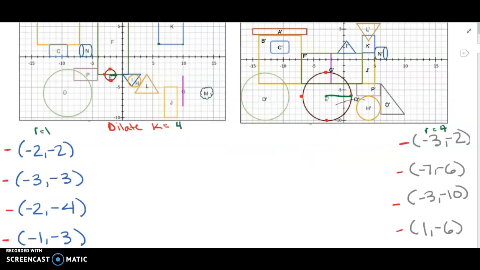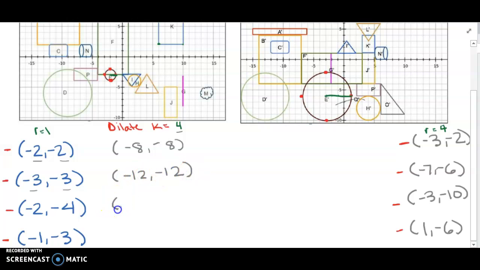So I'm going to go back to here. When I dilate it with the scale factor of 4, I'm going to put my new coordinates. All I do is multiply 4 by each of these coordinates. So I get -8, -8, and then -12, -12, and then -8, -16, -4, -12.